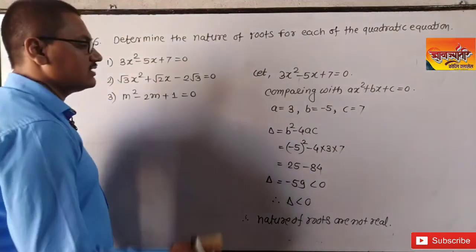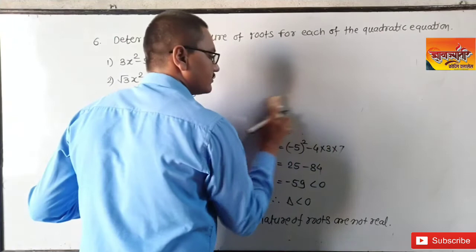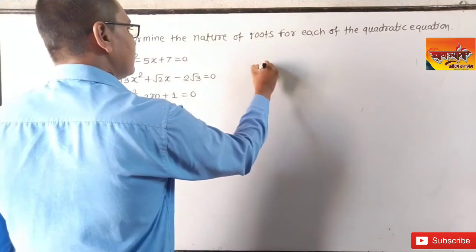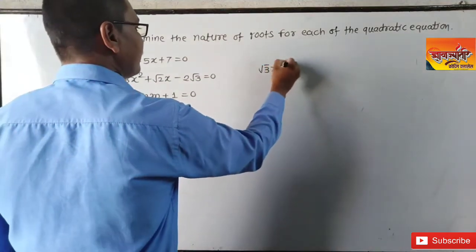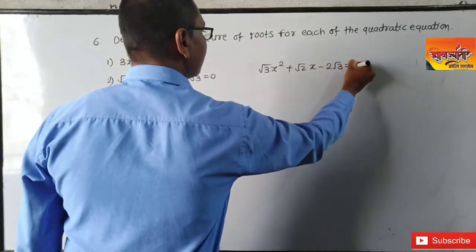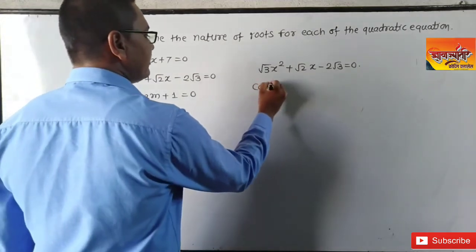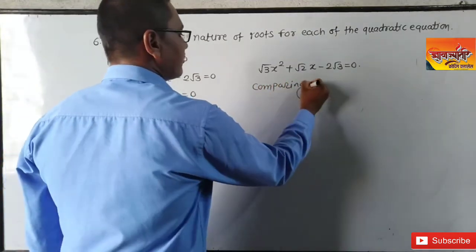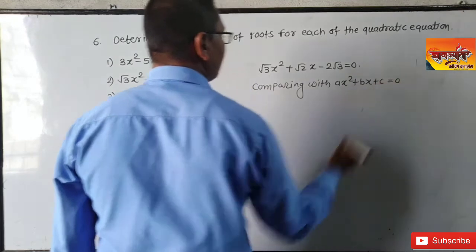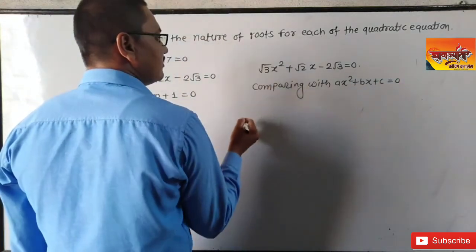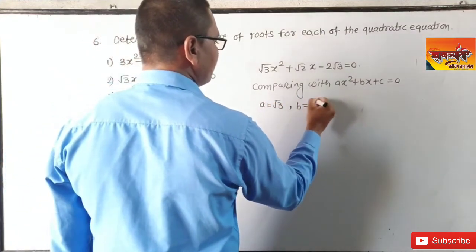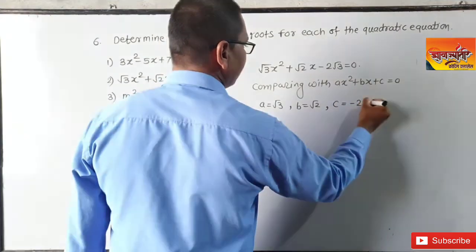Then take the second problem: root 3 x square plus root 2 x minus 2 root 3 is equal to 0. Comparing with the standard form ax square plus bx plus c is equal to 0, a is equal to root 3, b is equal to root 2, and c is equal to minus 2 root 3.